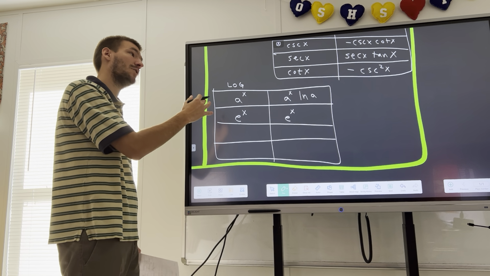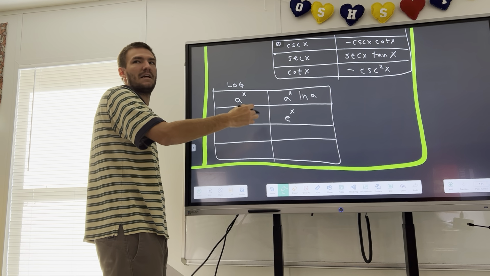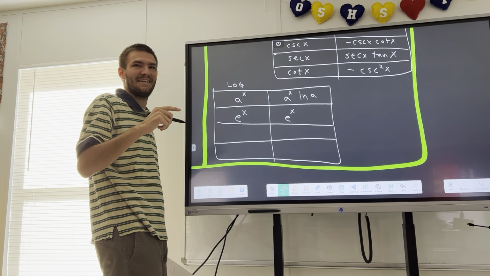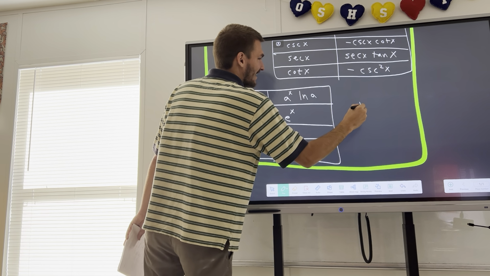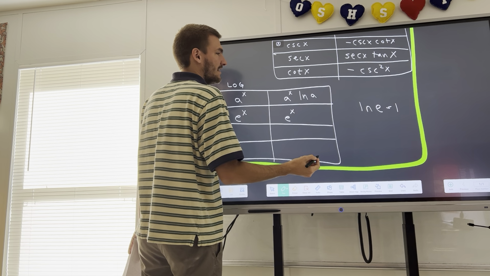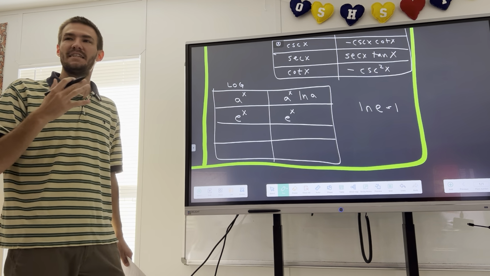And then that one was ln a, so what should this one be? ln e. And what is ln e? Nice, because ln e is just 1. And so that's it. e to the x is e to the x.